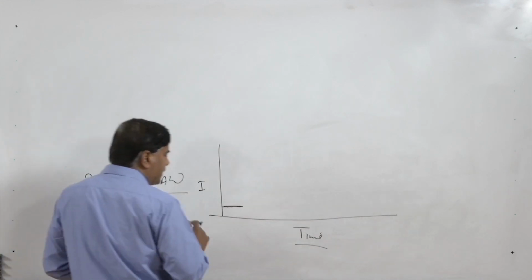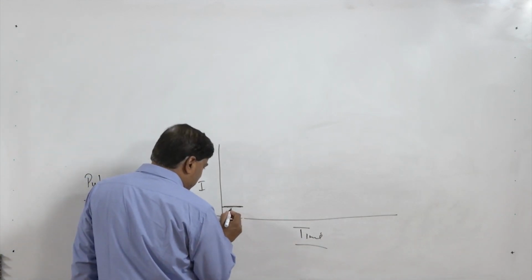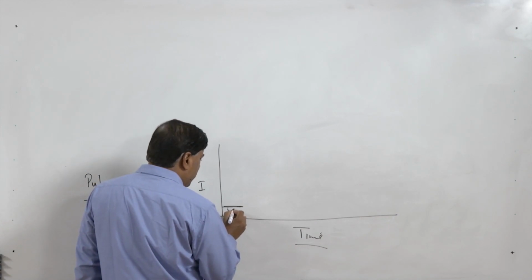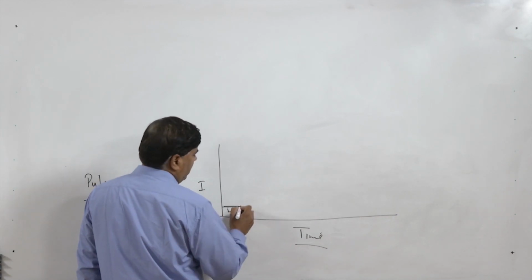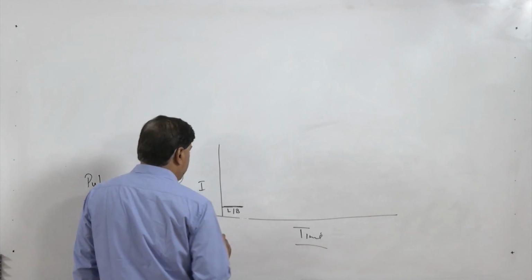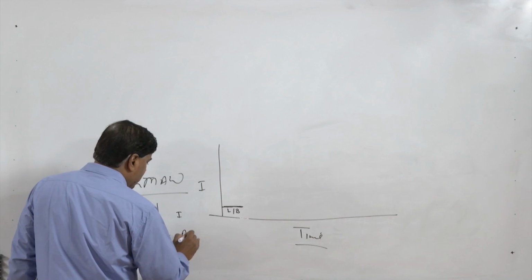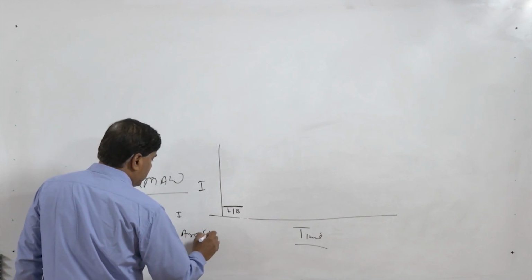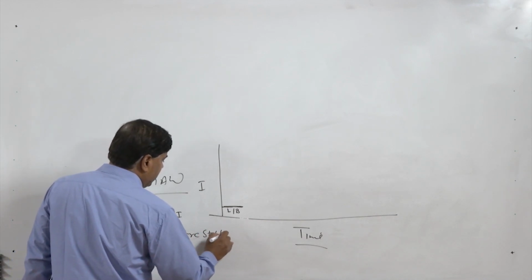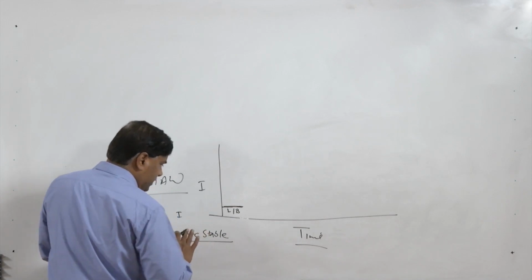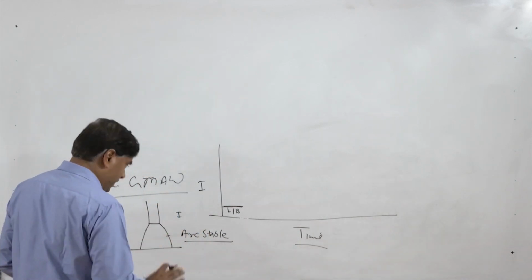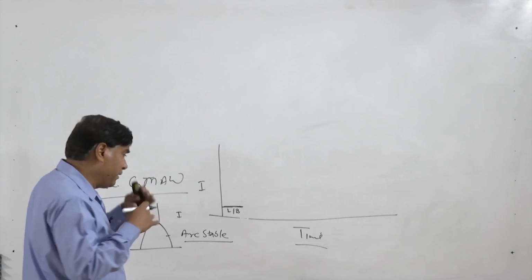So the value of current is regulated. First, the low level of current, or you can say background current, and this background current will be just enough to maintain the arc stable. That is the only purpose of the background current. Its purpose is not to develop the heat.